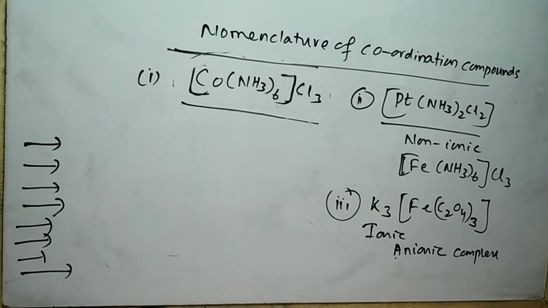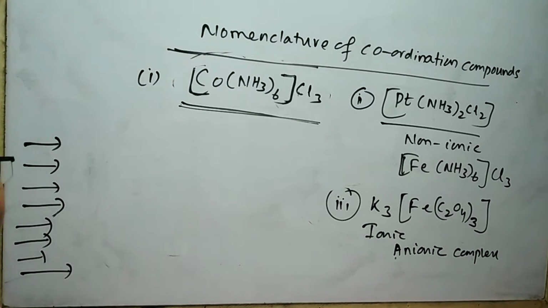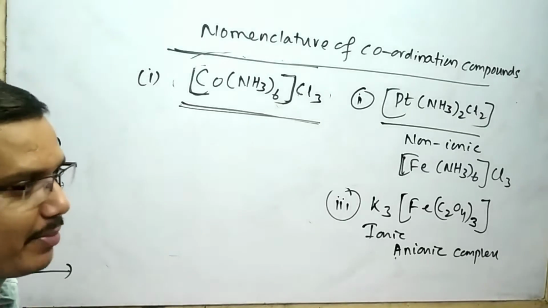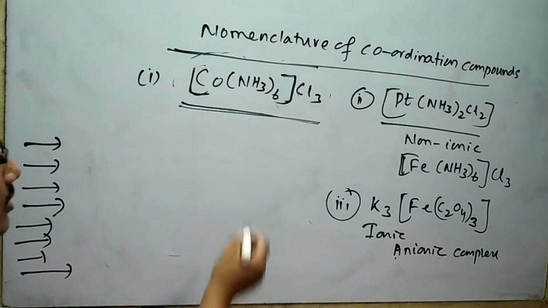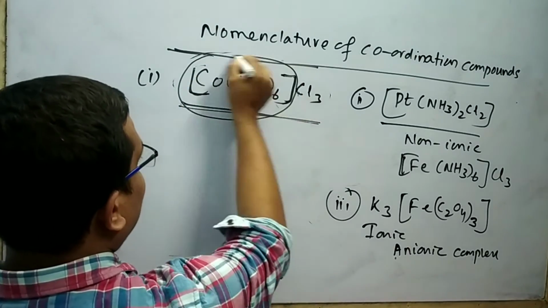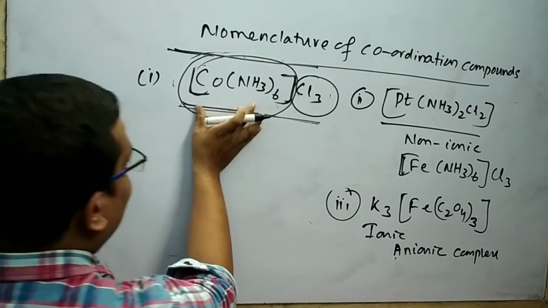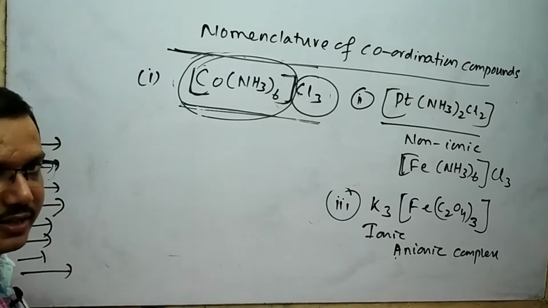Now I want to write a name for this compound. This belongs to an ionic complex. We know that in an ionic complex, the name of the cationic part is written first, then the name of the anionic part will be written. This is your cationic part, this is your anionic part. So the name of this part is written first, then the name of this part.